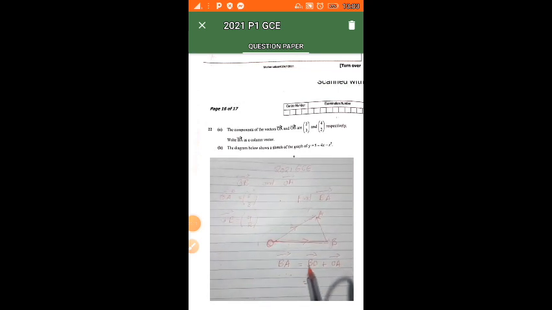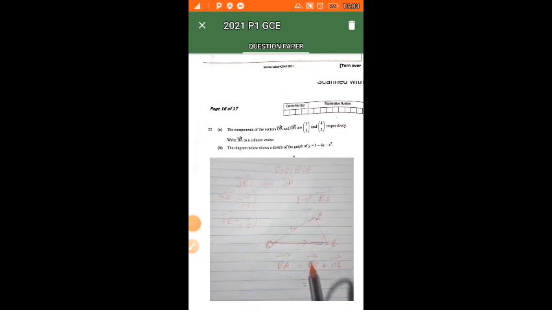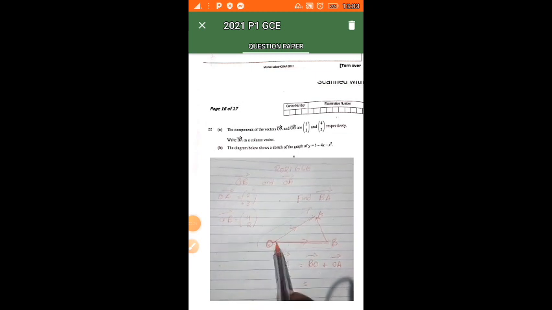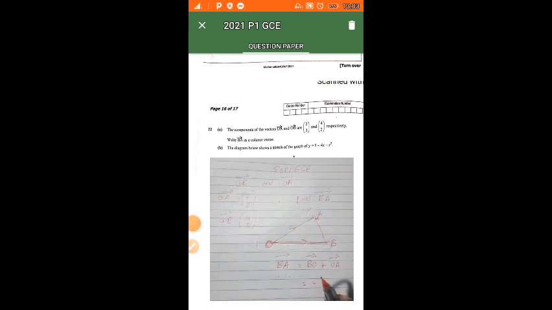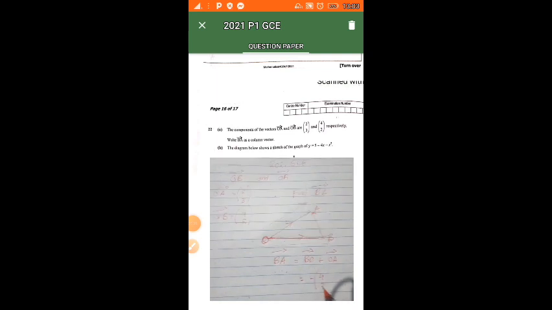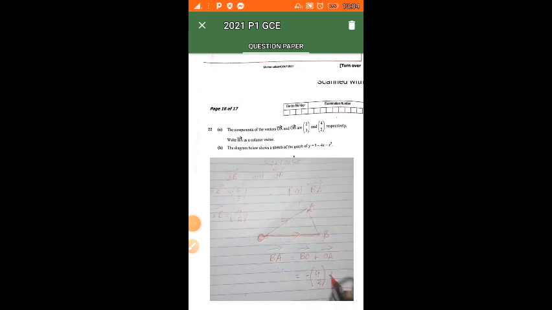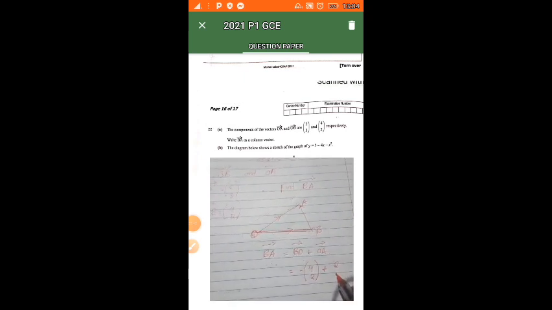This should not worry you, because BO and OB have the same values. The difference is the direction in which we are moving. BO is going in the opposite direction, so it is going to have a negative but the same values, which are 4, 2, plus OA, 2, 3.